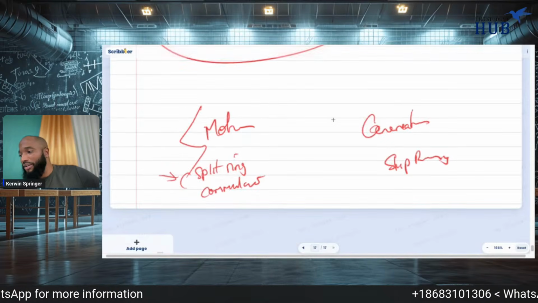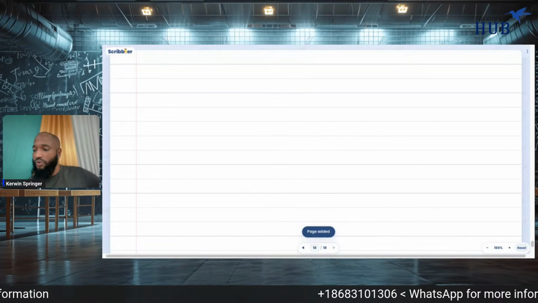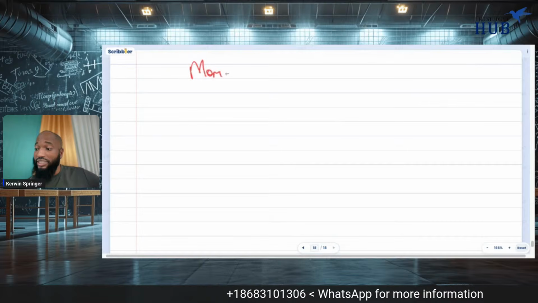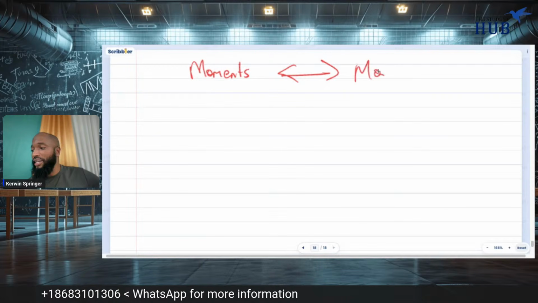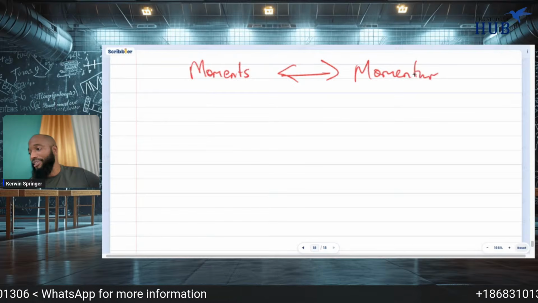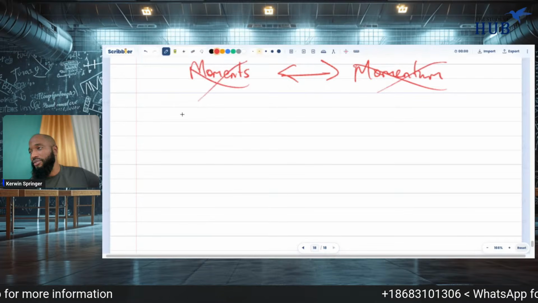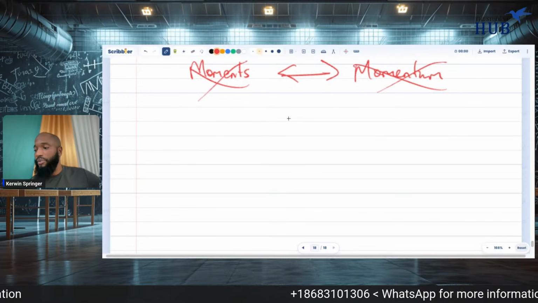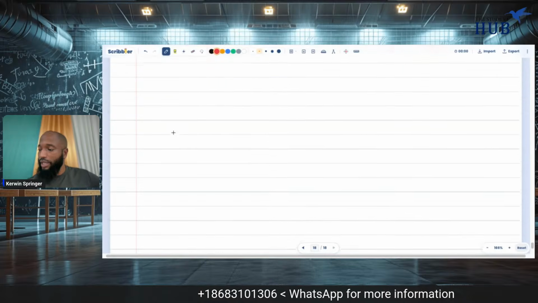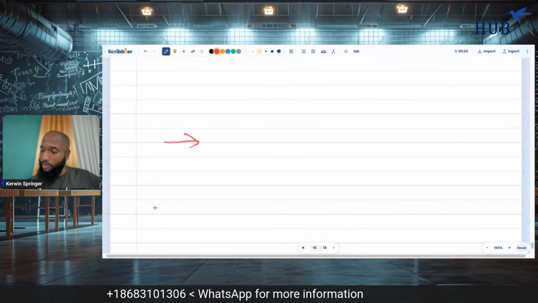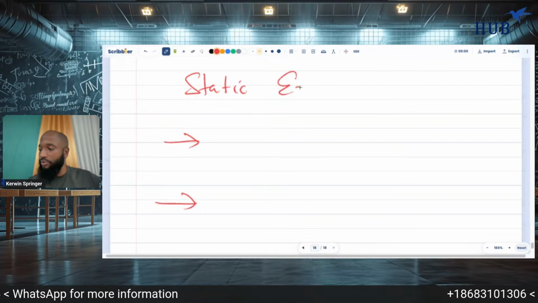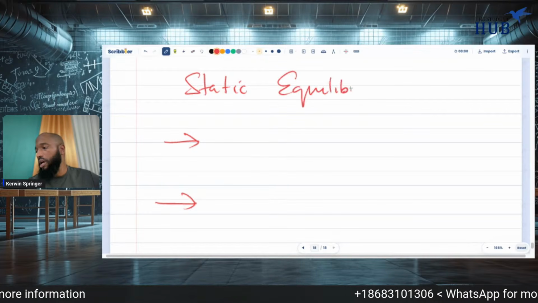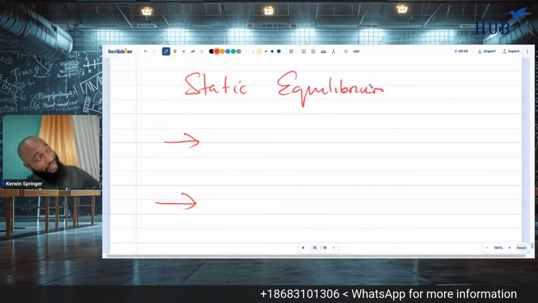Let's go again. So firstly, I said earlier that people mix up moments and momentum. They have nothing in common. Literally nothing. And we're still mixing them up. Then moments is part of a bigger topic, static equilibrium.